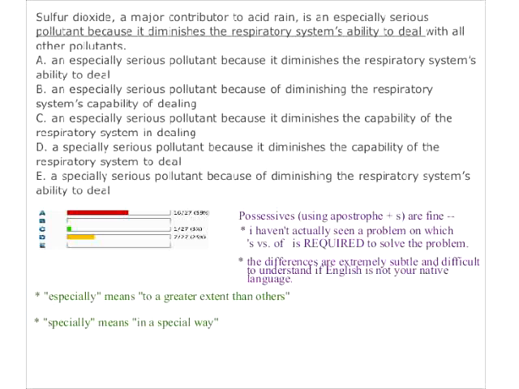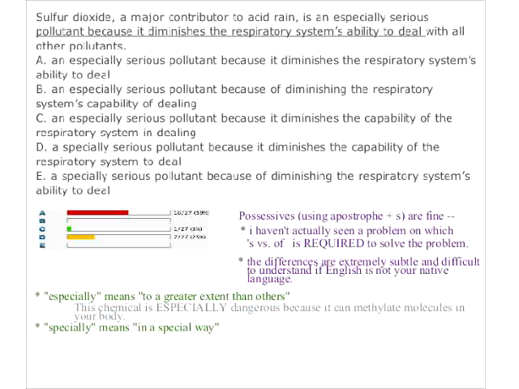Let's say something like, this chemical is especially dangerous because it can methylate atoms in your body, or molecules in your body. This is especially, meaning more so than other chemicals. So you wouldn't say specially, you would say especially.